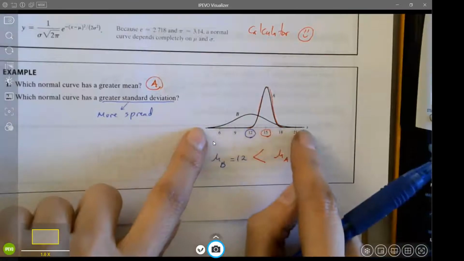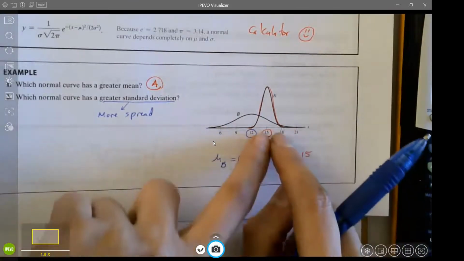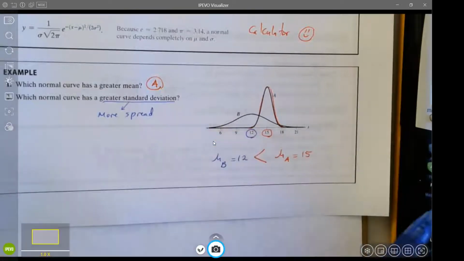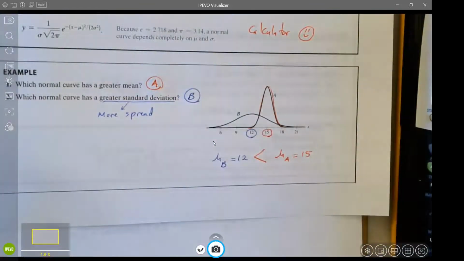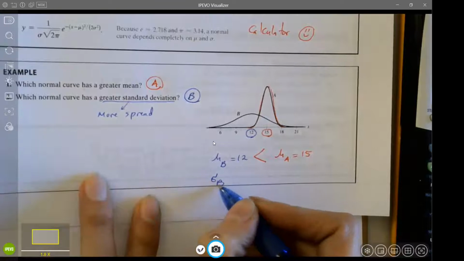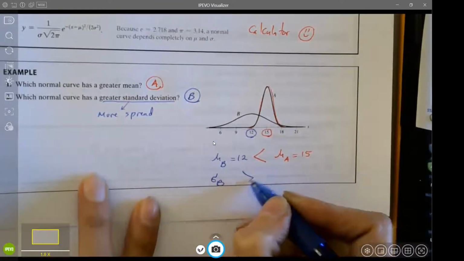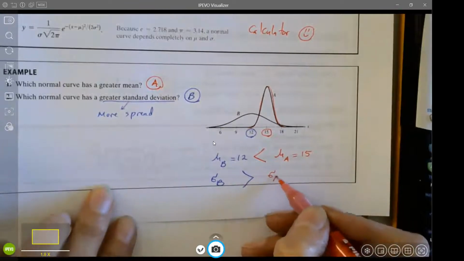So as you can see, the spread in curve B is larger than the spread in curve A. So the answer is B. The standard deviation of B is greater than the standard deviation of A.